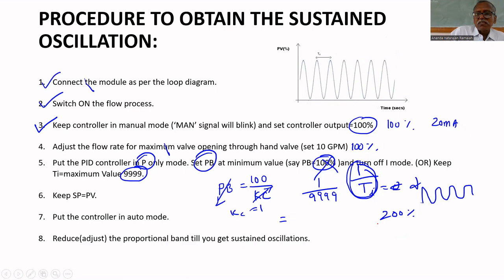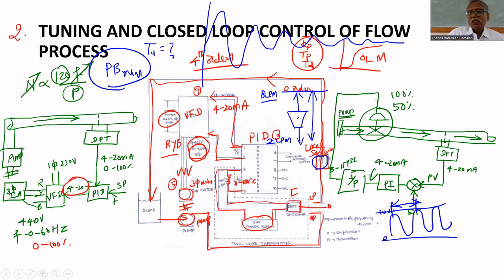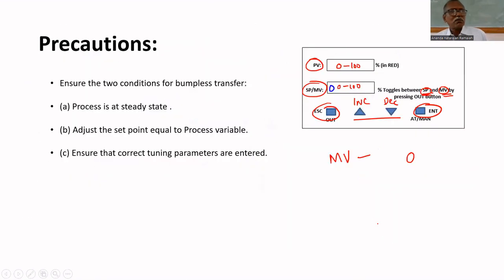The controller operation we have already seen. There will be 4 buttons. One is called escape, on the left-hand side; the right-hand side is the enter key. The middle two are increase and decrease buttons. You can increase or decrease in manual mode only. How to transfer from manual? There are 2 displays here, set point as well as manipulated variable.